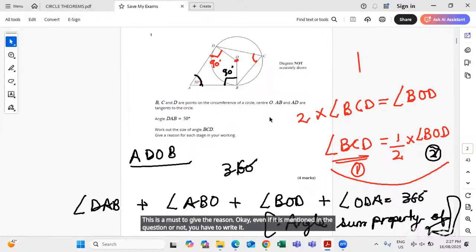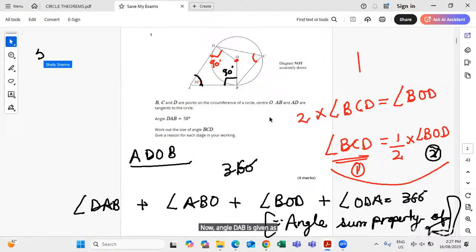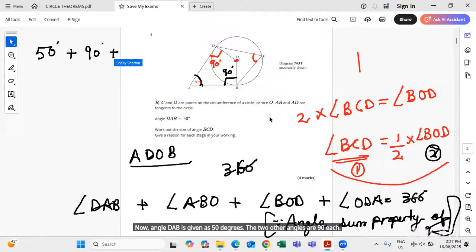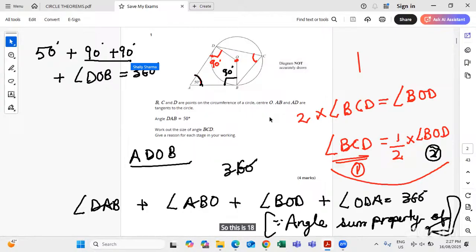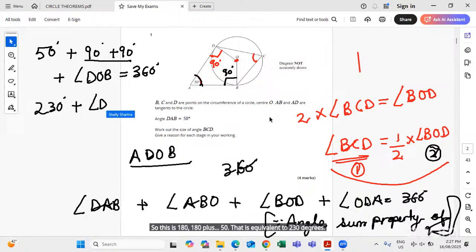Now angle DAB is given as 50 degrees. The two other angles are 90 each. And one angle at the center, DOB or BOD, we don't know, but they all add up to 360 degrees. So 90 plus 90 is 180, plus 50 is 230 degrees, plus angle DOB equals 360.